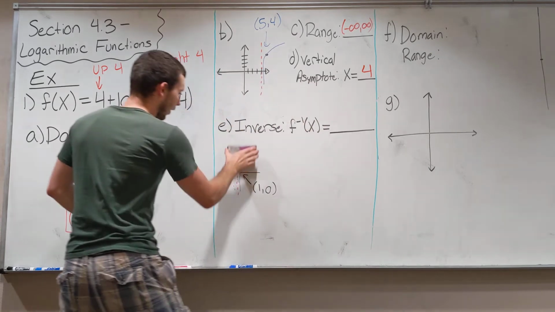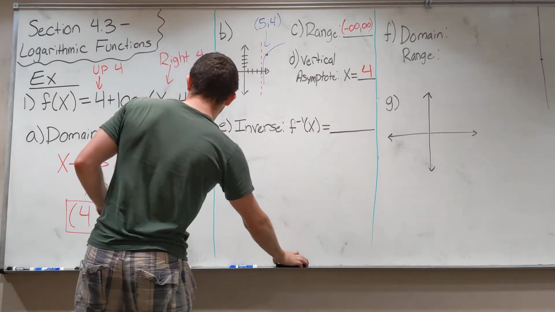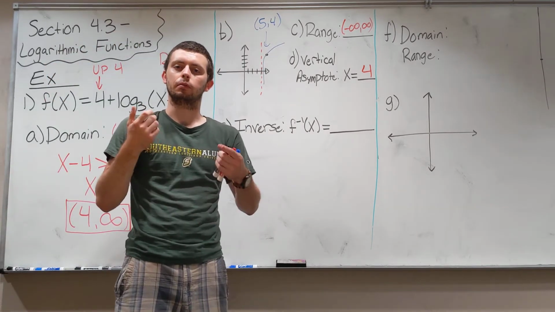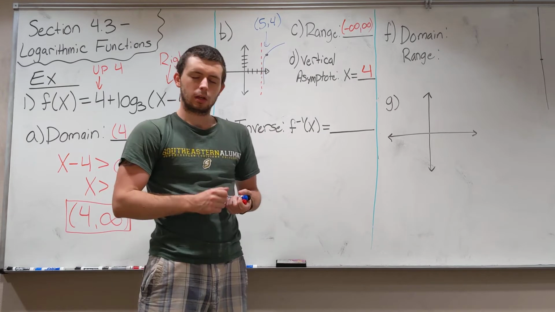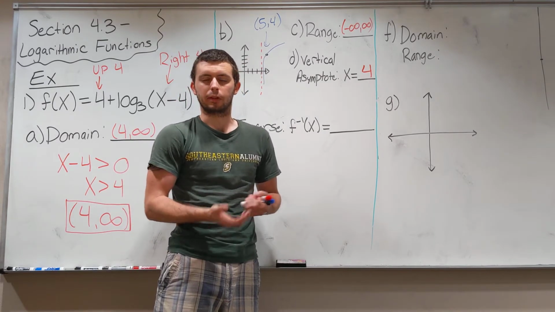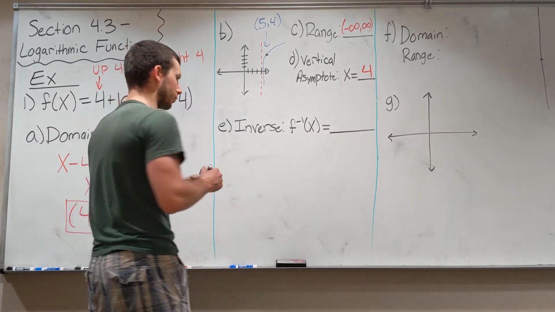And so now that we have that, we can go ahead and determine the inverse function. So again, what does it mean to be an inverse? How do you find an inverse algebraically? Again, you have to switch x and y and solve for y. This is in the inverse section. What I just said, that's there if you need to reference it.